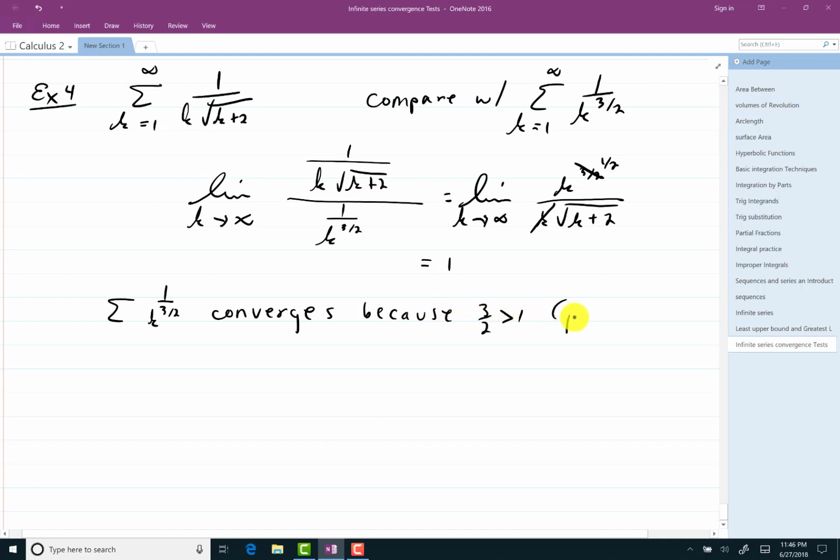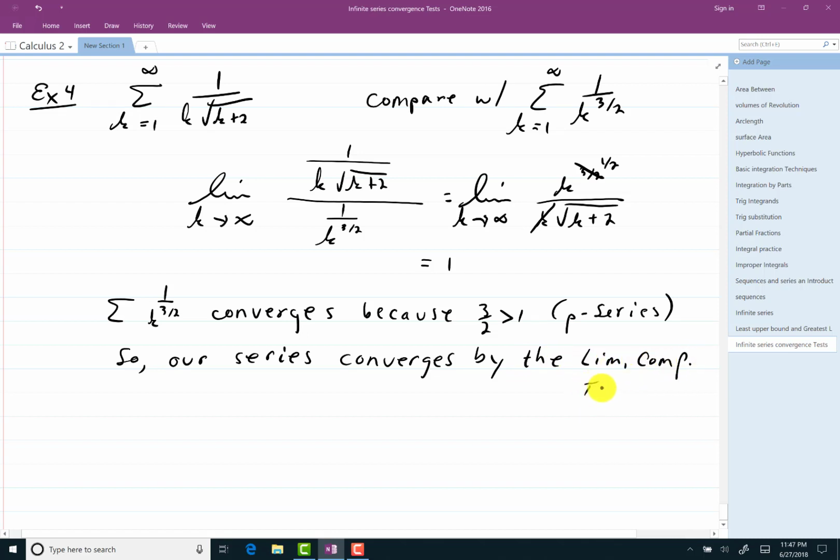It's a p series. So our series converges by the limit comparison test.